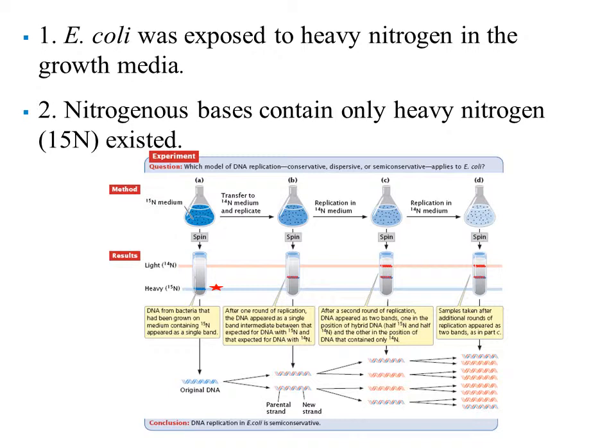So every E. coli that was replicated would have the heavy nitrogen, N15, incorporated into the adenine, the thymine, the cytosine, and the guanine. So all of those nitrogen bases had heavy nitrogen.